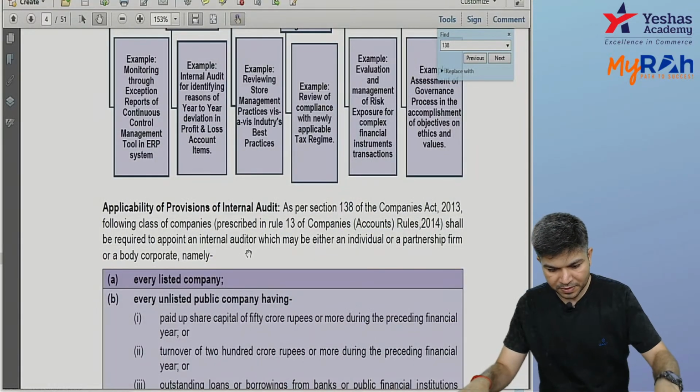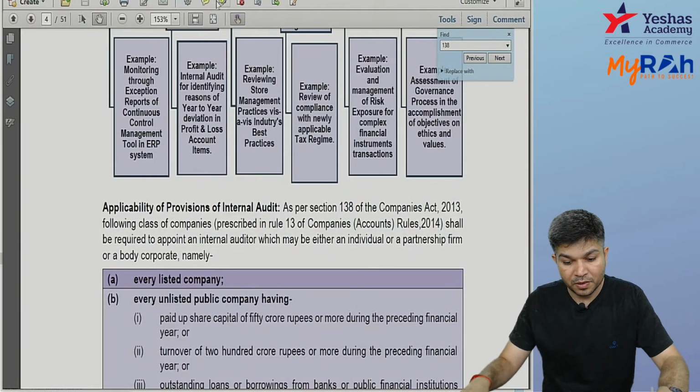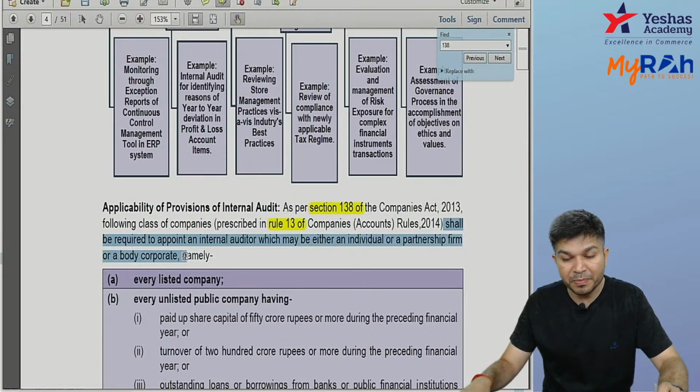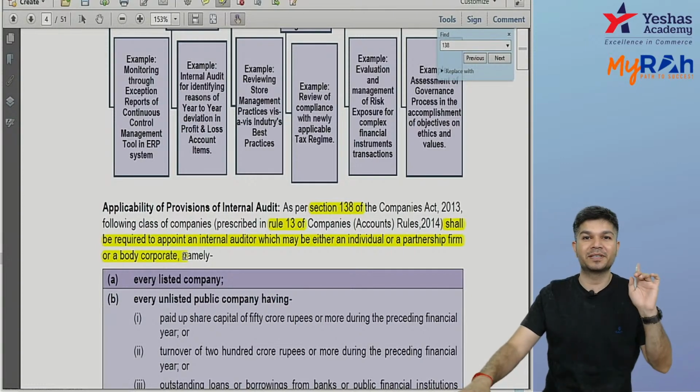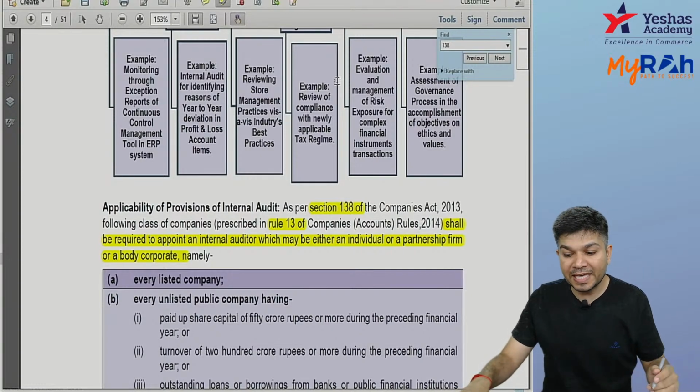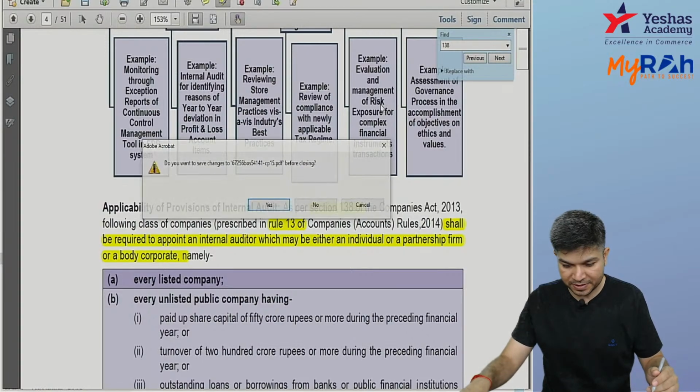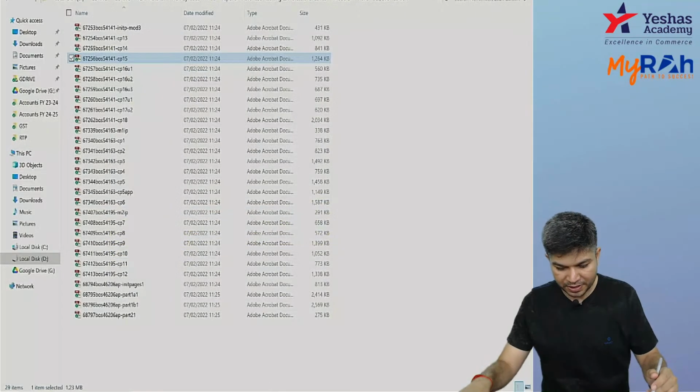See, here also in your previous material it is clearly given: section 138, rule 13, following class of company are required to appoint an internal auditor, which may be an individual, partnership firm or a body corporate. The point is internal auditor can be a body corporate. Clear? Let's move ahead.